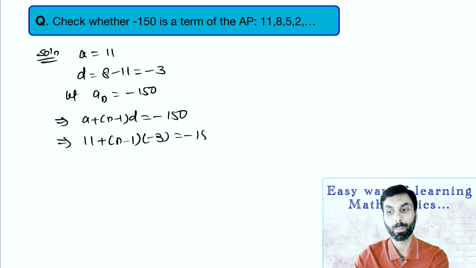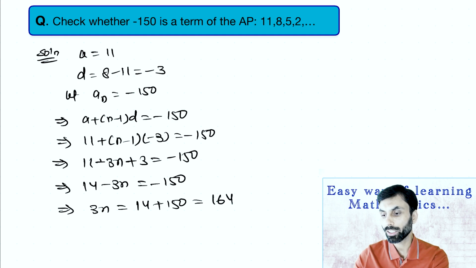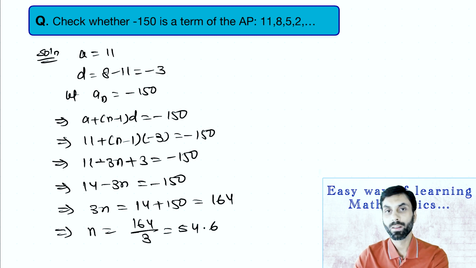We can write it as 11 minus 3n plus 3 equals minus 150, which will be 14 minus 3n equals minus 150, and then we can write it as 3n equals 14 plus 150, which will be 164. That means n equals 164 upon 3, which will be approximately 54.6.